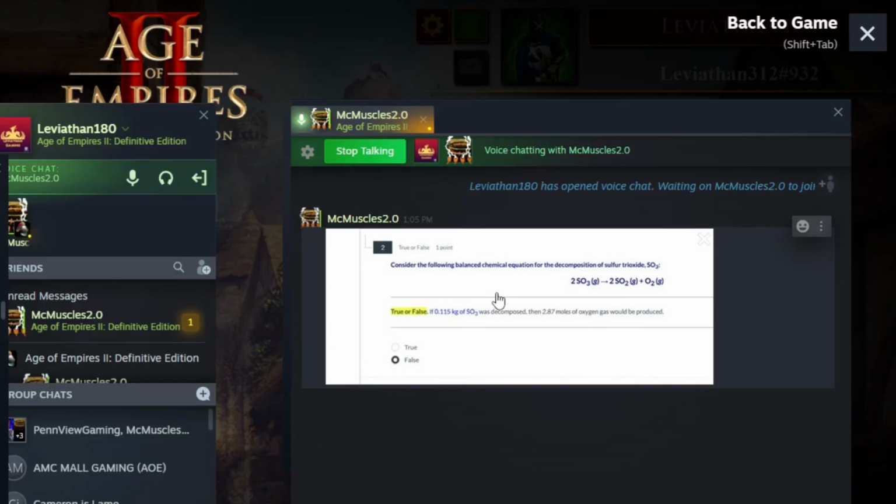Times one half, and then that would give you the grams. Oh no, it would give you the kilograms because it's in kilograms. We need to put it in grams first. So you need to take 0.115 and times it by 1,000 to get it to grams. 0.115 times 1,000 is 115 grams.